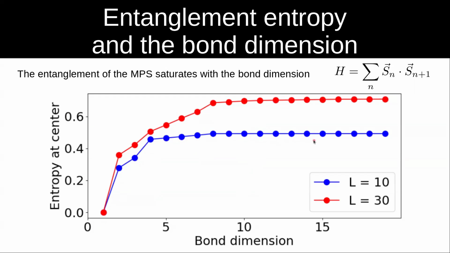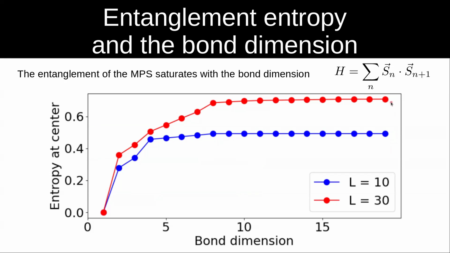If you make your system bigger, then the same behavior appears, but the growth continues to a little bit higher values. So now the entropy actually saturates to a bigger value, but note that the value that you obtain for the entropy is not too large in comparison with the one that you get for the small system.